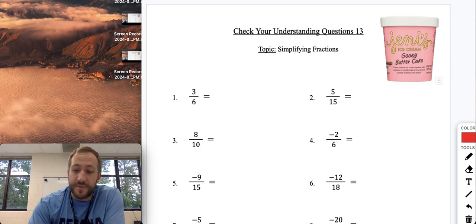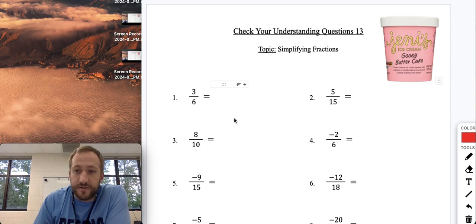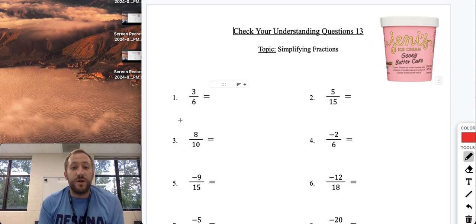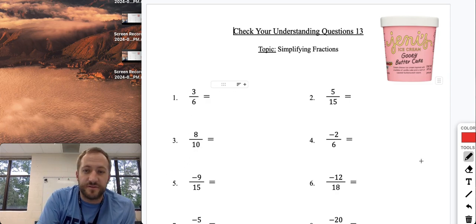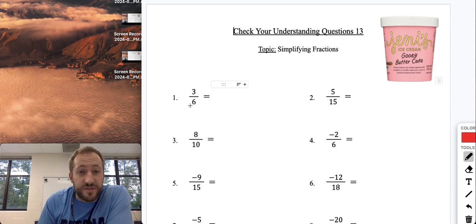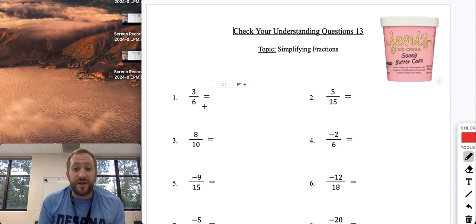Simplifying fractions. Now, whenever we simplify fractions, let me get back on the pen. There we go. Whenever we simplify fractions, we are talking about trying to get that fraction into the smallest numbers possible. I have this 3 over 6 right here. I want to see if I can take that down and make those numbers even smaller to simplify it.